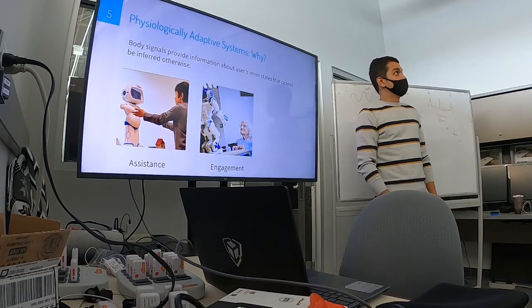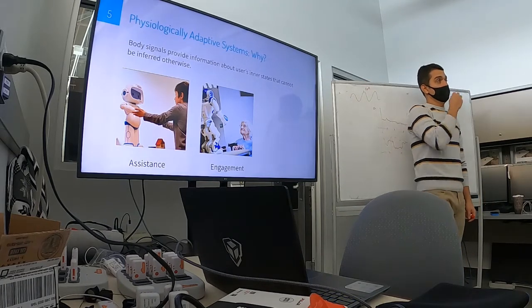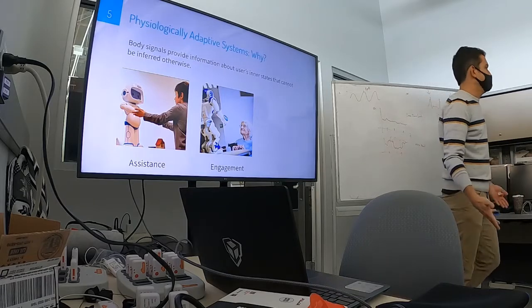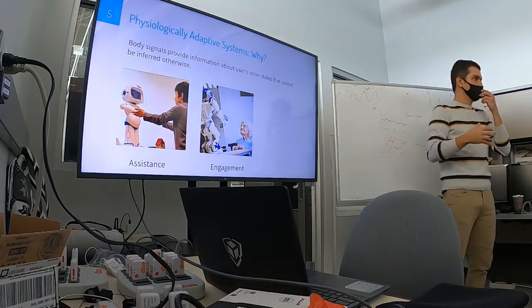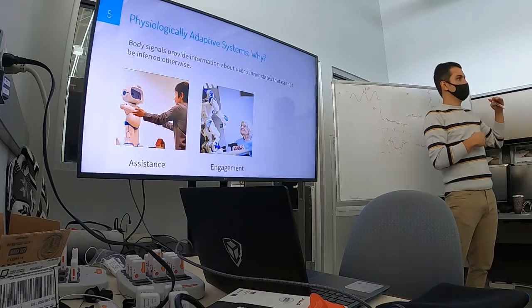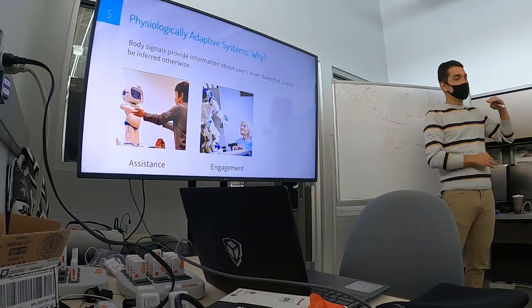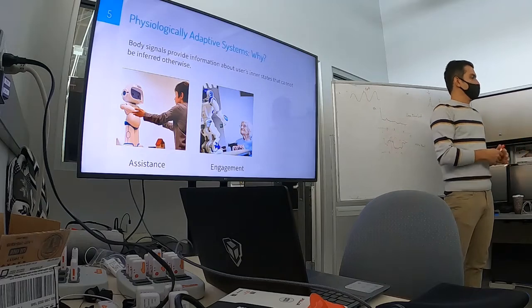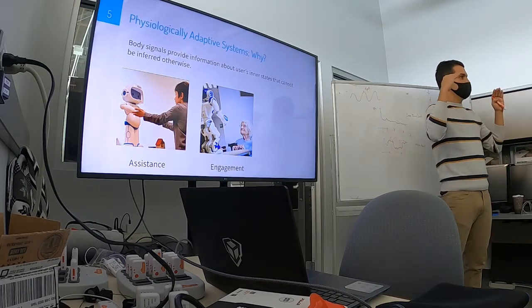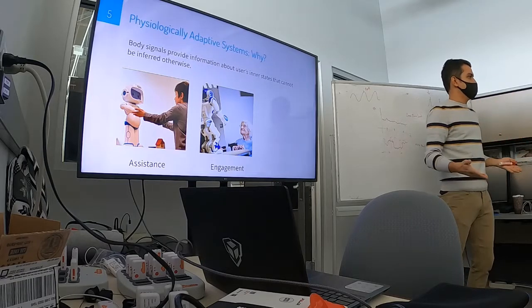Then the second one is more related to keeping people engaged, keeping people in the flow. So you don't want people to get bored. You don't want people to get really frustrated because the activity is very hard. So what you do is record the balance of the sympathetic and parasympathetic activation when people are interacting with an activity or a task.